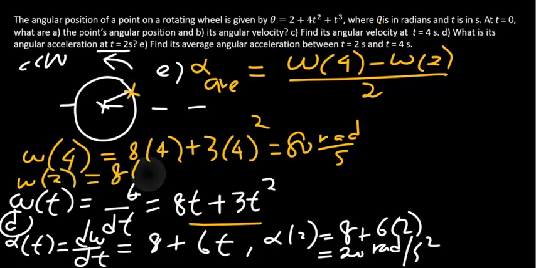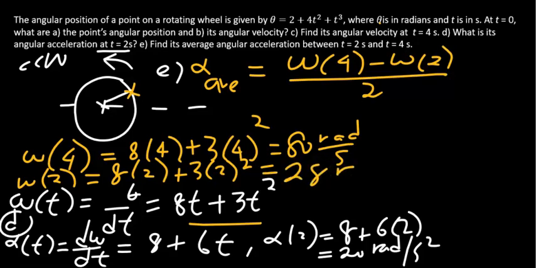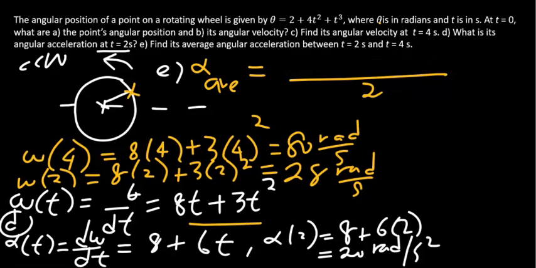That is 8 times 2 plus 3 times 2 squared, and that is 28 radian per second. Substituting this information in there, we get 80 minus 28 divided by 2, which is 26 radian per second squared.